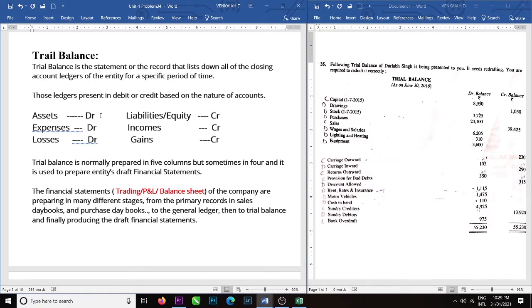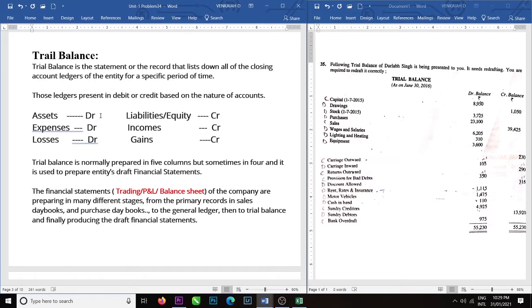Balances of expenses are posted on the debit side of trial balance. Balances of losses are posted on the debit side of trial balance. So on the debit of trial balance, we post three: assets, expenses, losses. In contrast to that, liabilities and capital go to trial balance credit, and incomes and gains go to trial balance credit.